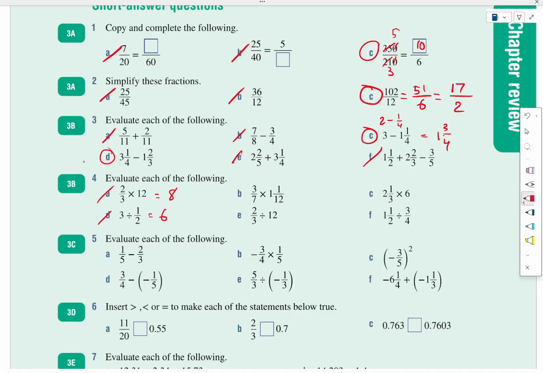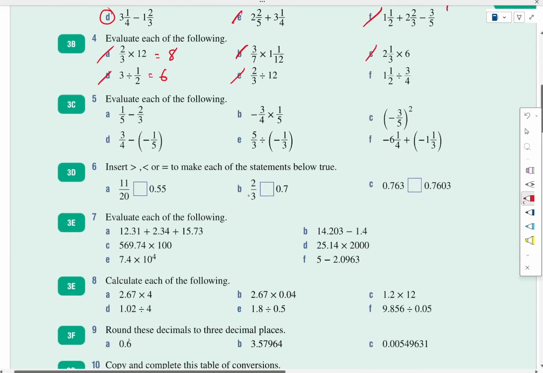Yep, good. Okay, we'll skip C actually, as well as E. 1 over 18. Yeah, you're fine. All right, let's move on.